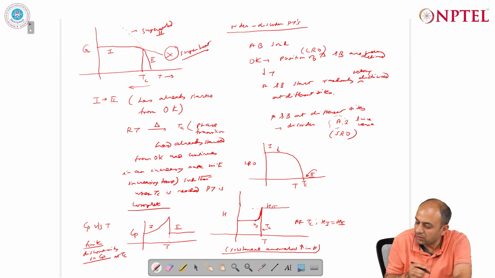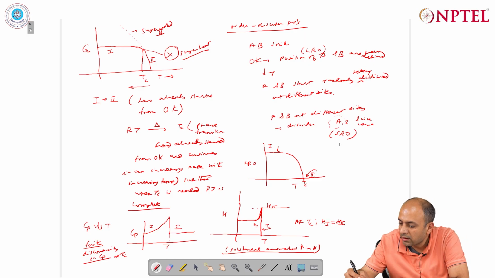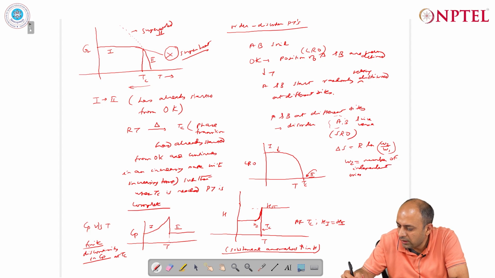The driving force for the order disorder phase transition, which I would like to mention, is the entropy change which takes place at the phase transition, which is characterized as R ln omega 2 by omega 1, where omega 2 is the number of independent orientations at high temperature.